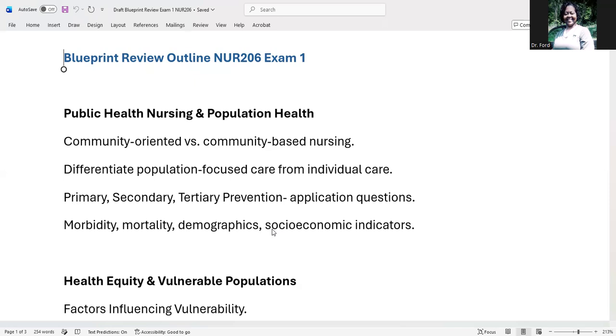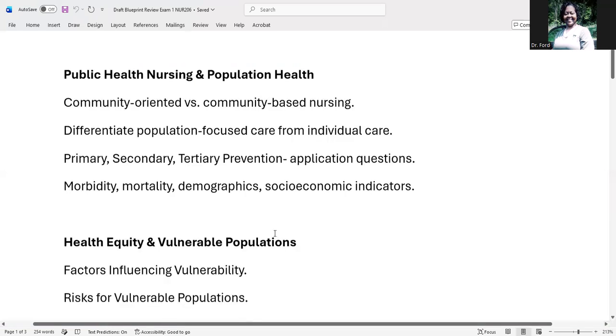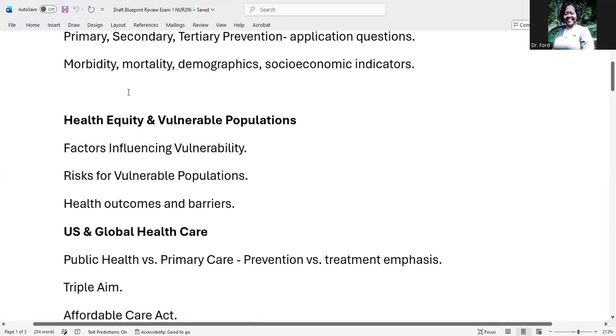Okay. So morbidity and mortality, we're looking specifically at the numbers: the occurrence of asthma in a community, the occurrence of motor vehicle accidents in the area. And in addition to that, how many people are actually dying as a result of that.